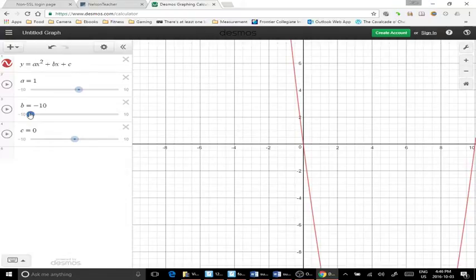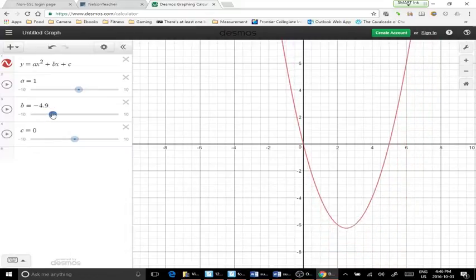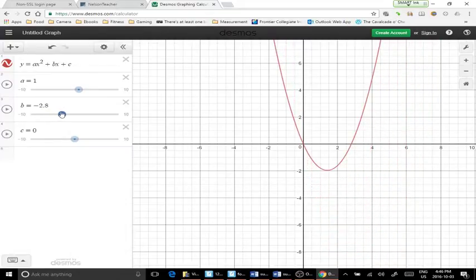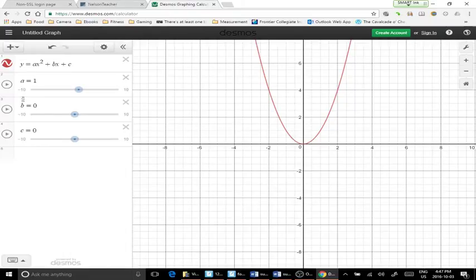If B is negative and it becomes closer to 0, the graph goes left and up. So what's important to see here is that if we change the value of B, the graph is going to move horizontally and vertically. And depending on whether B is positive or negative, it's going to go in opposite directions.